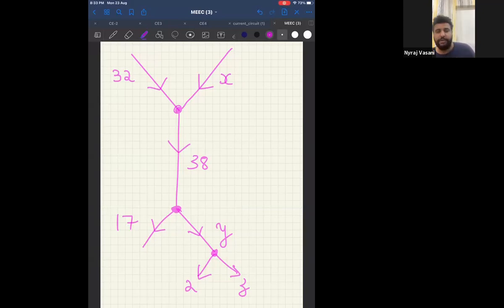It is Kirchhoff's voltage law. Silence is giving me the answer, so I will tell you the logic. What was Kirchhoff's current law? The total current at a junction is zero.